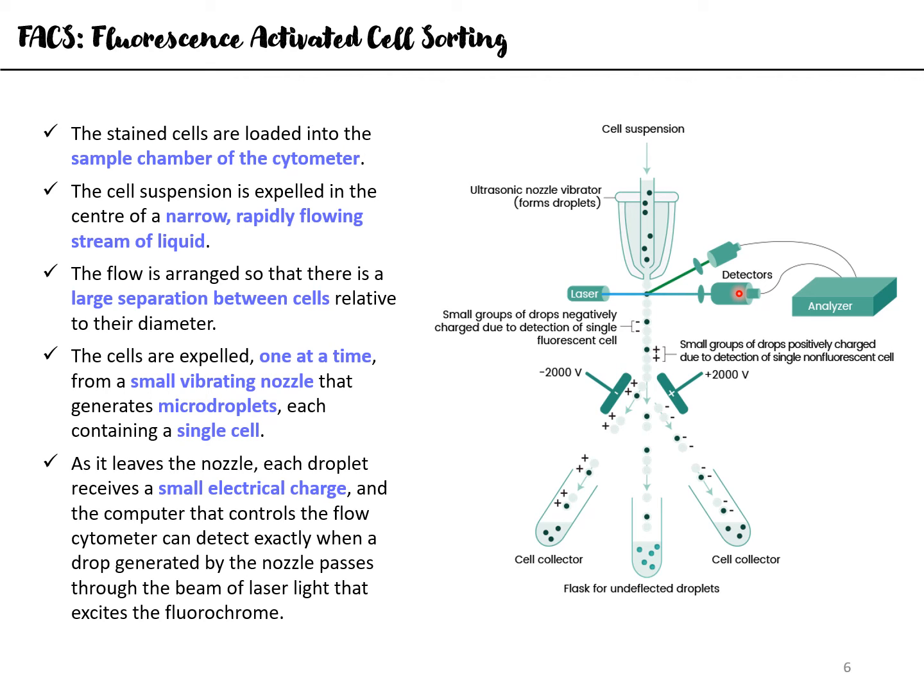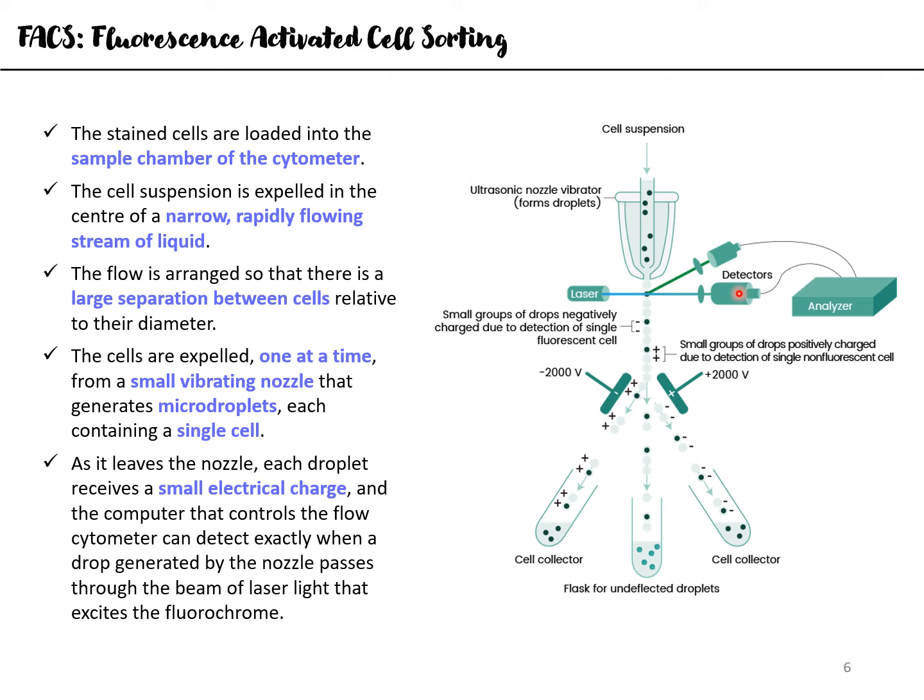If it has red fluorescence, it is going to get, say, a negative charge. If it has green fluorescence, it is going to get a positive charge. Because this allotment of charge is dependent on the fluorescence, the laser has to detect the cell and the fluorescent signal from the cell has to be detected, and then this charge would be allotted to it.